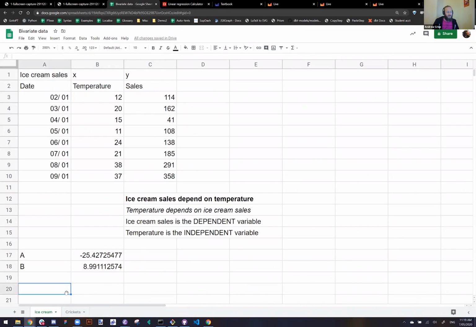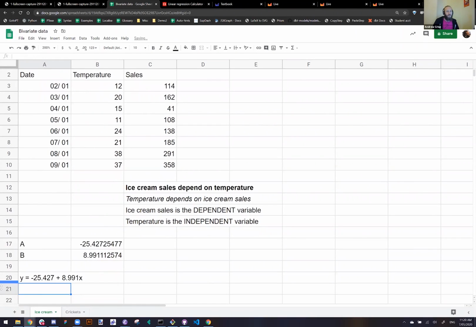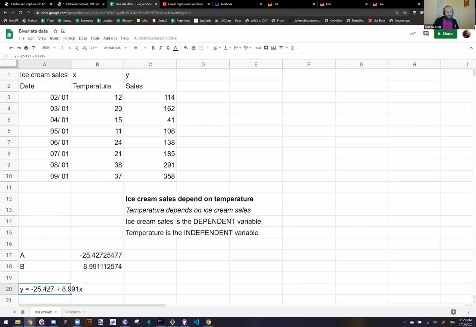So I can then write that as y equals minus 25.427. Let's round it to 3 decimal places. Plus 8.991x. Okay. So this is our line of best fit.